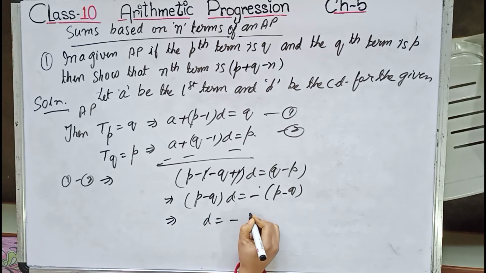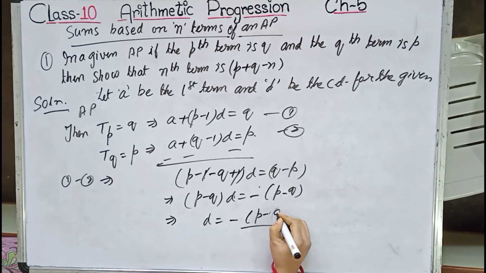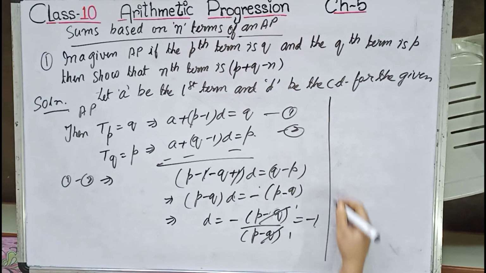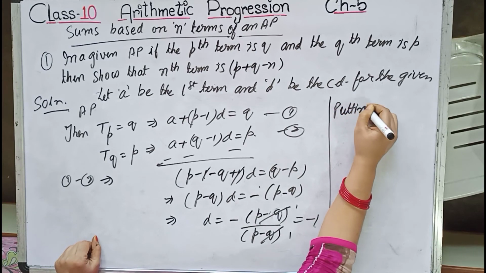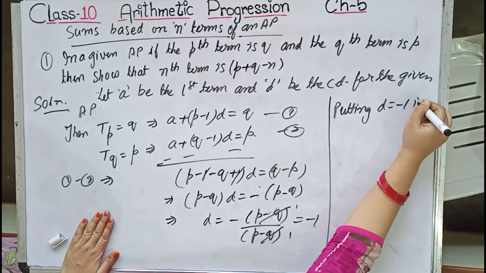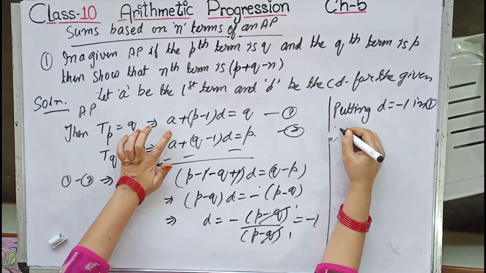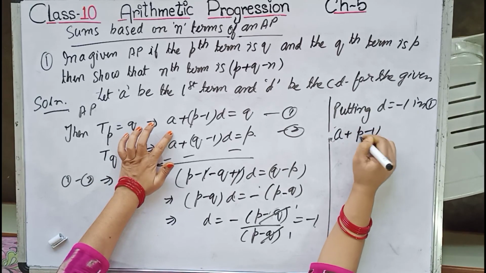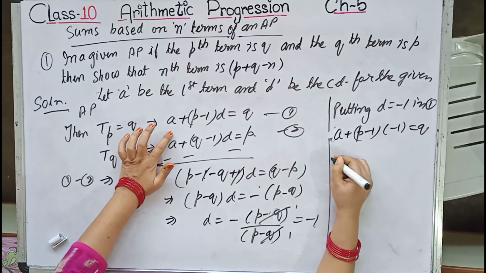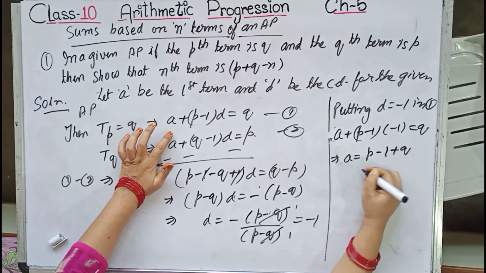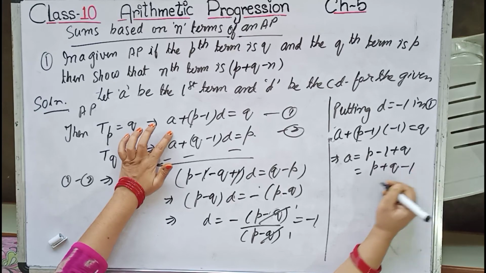This implies d equals minus of p minus q by p minus q, which equals minus 1. Now putting d equals minus 1 in 1: a plus p minus 1 into minus 1 equals q. This implies a equals p minus 1 plus q, which equals p plus q minus 1.